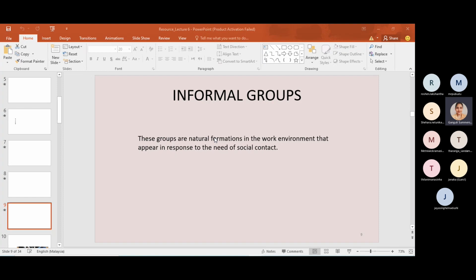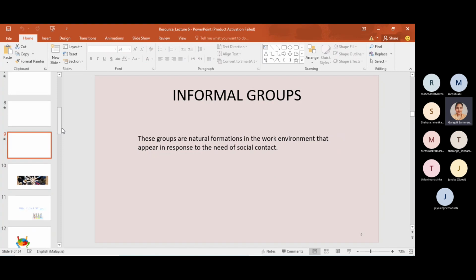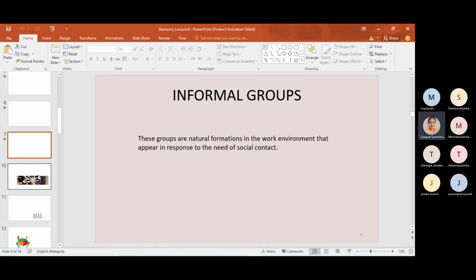You form informal groups only for social contact. A group of close friends that you have in your workplace can be considered an informal group, because there are no specific tasks or organizational objectives or goals.